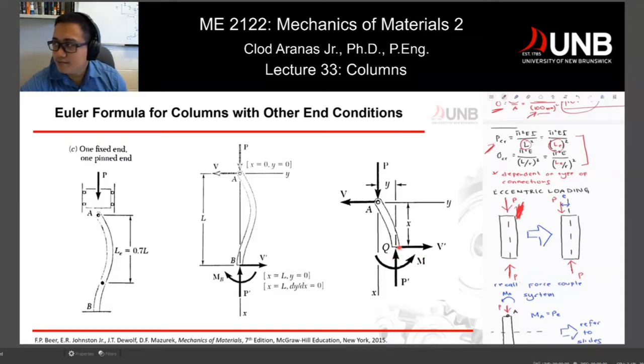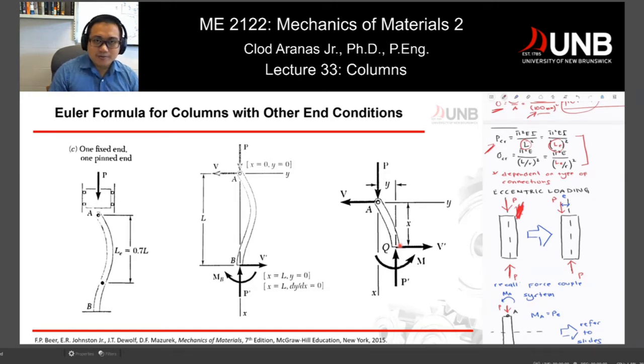We sectioned our beam. We took the moments, got the second order differential equation. We didn't really derive it in the class, but that's how we obtain those equations, the Euler formula, by using this method. We sectioned this one, took the moment and the second order differential equation.